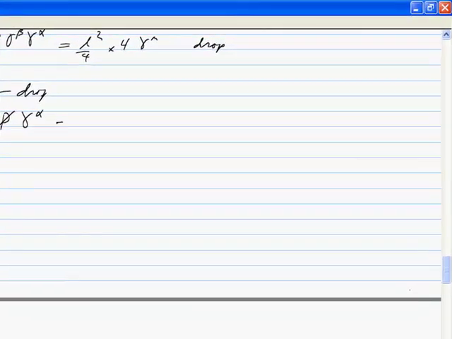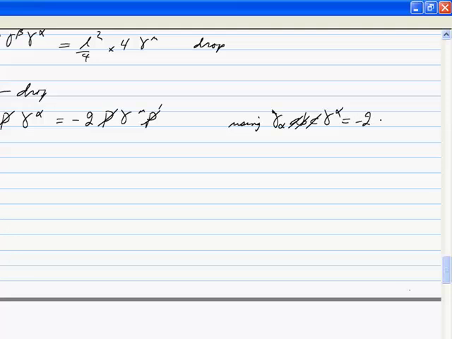Okay, that turns into minus 2 p slash gamma mu p slash prime using gamma alpha a slash b slash c slash gamma alpha equals minus 2 c slash b slash a slash. Okay, you just work a bunch of commutators and that falls out. Okay.